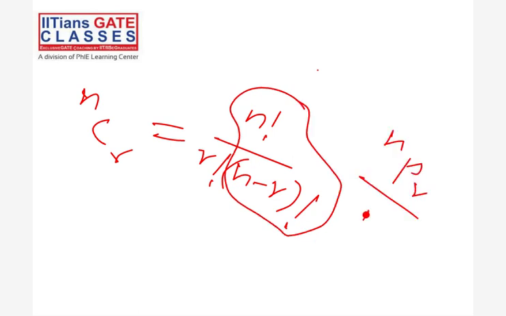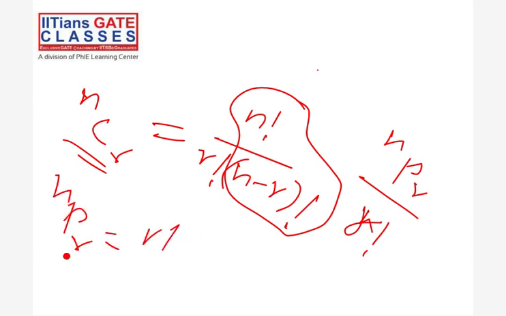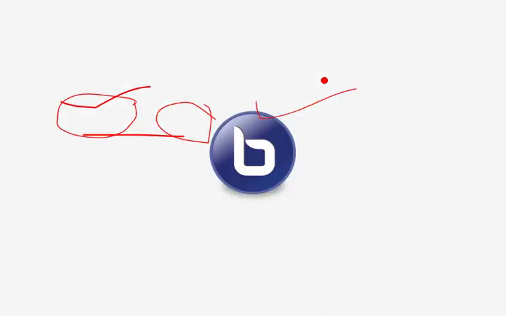So nCr equals nPr divided by r factorial, and you can also write nPr equal to r factorial multiplied by nCr. This is the relation between nCr and nPr.